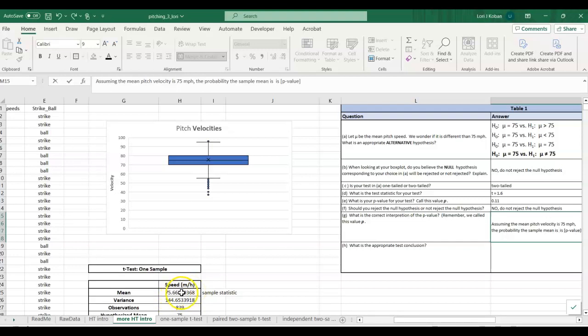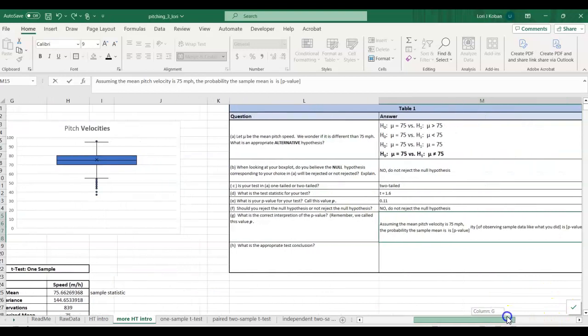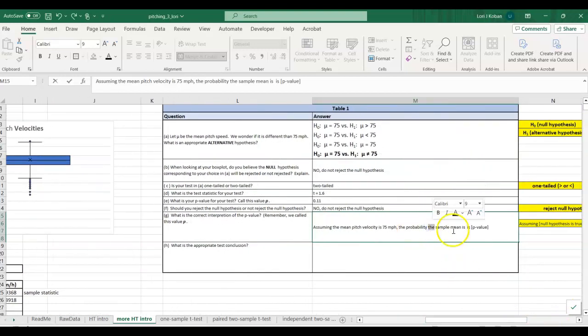So it's not just 75.6 or greater, it's 0.6 above the 75 or 0.6 below the 75. Let's call it 0.7. So the probability the sample mean is more than 0.7 miles per hour from 75 miles per hour, that probability is 11%, the p-value.